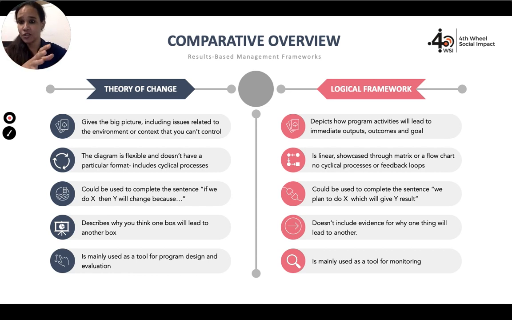A theory of change helps you to complete the sentence: if we do X, then Y will happen because. Whereas a log frame is: we do X, which will give Y result.